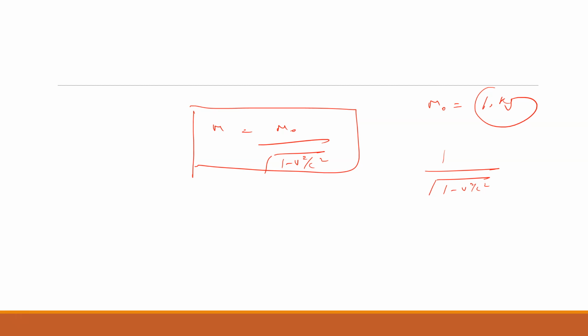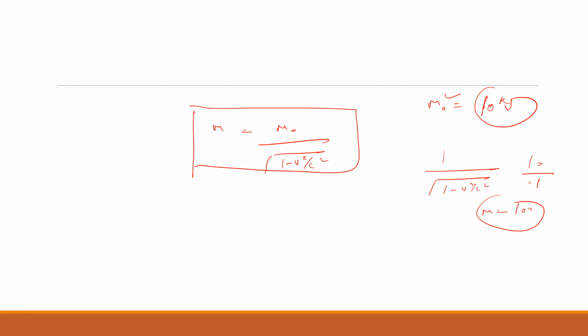Now suppose rest mass is 10 kg, and suppose this result is 0.1, so 10 divided by 0.1, m is equals to 100.